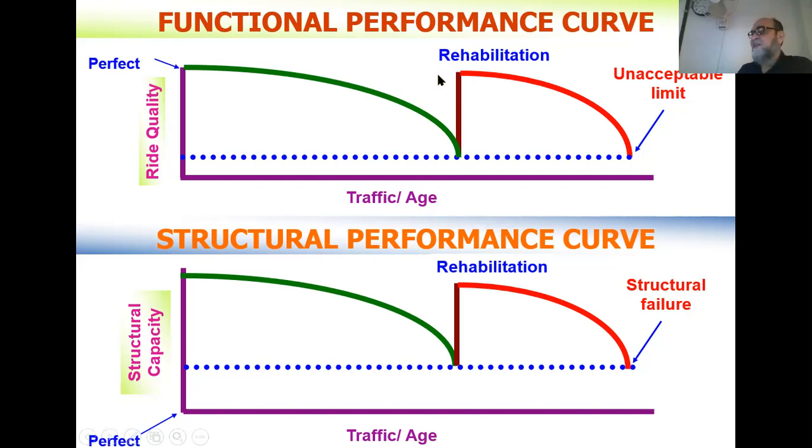There comes a rehabilitation technique, and then obviously you will have your curve start again, and it can deteriorate again. When it reaches the unacceptable limit, you say it has failed. So the pavement has this design life. Similarly with the structure, you have this curve. This is what we call the terminal point, where you feel that your structure has failed, and then you rehabilitate it.